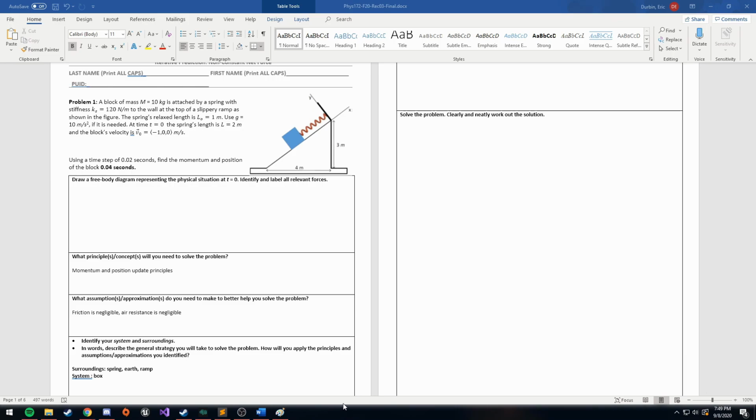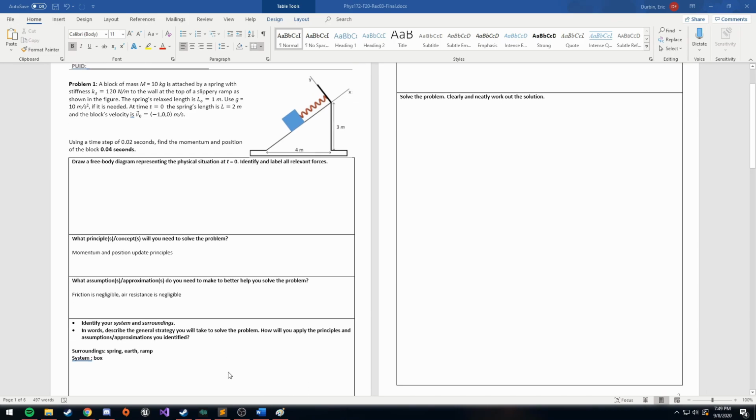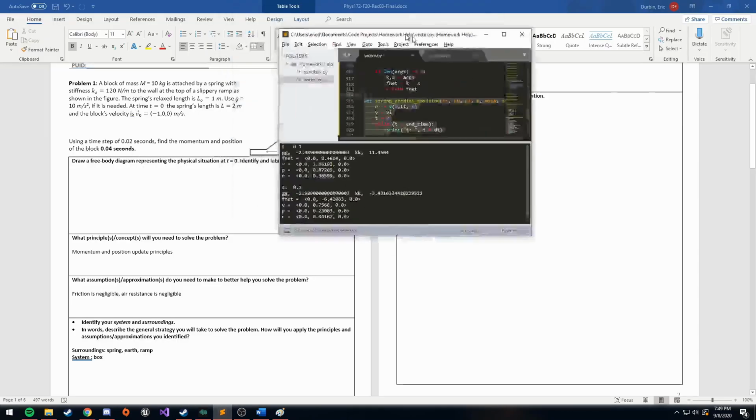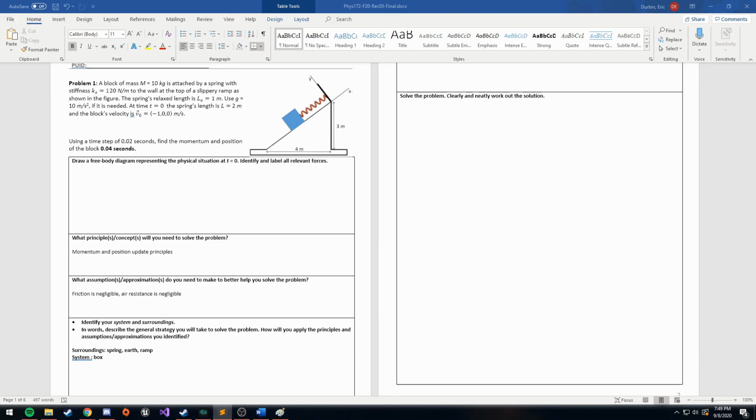Okay, you guys want to update momentum now, right? So momentum is P future equals P now plus FNet times delta T. So what's our current momentum?